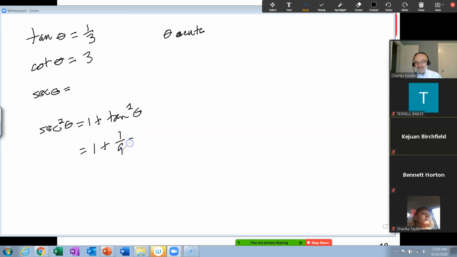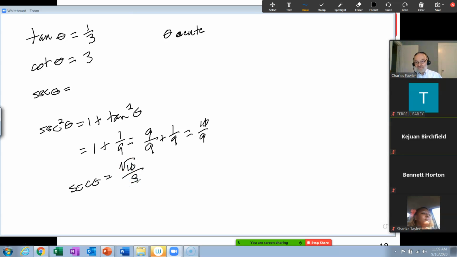Now, I'd rather add that as 9/9, which is 1. Everybody agree with that? Plus 1/9, and that's going to be 10/9. And that's secant squared. Take the square root of that, and you have secant theta is equal to the square root of 10 over 3.